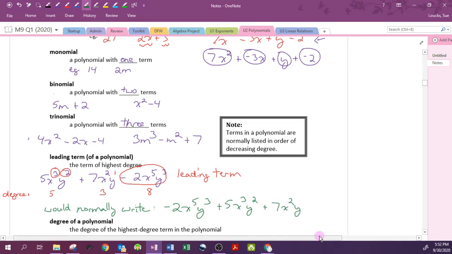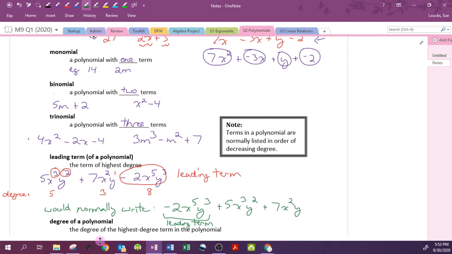Okay, because we do normally write it with the leading term first. I just wanted you to see one where the leading term was not first so that you don't think it's the first one in the list, because it's not always. You have to check for it.